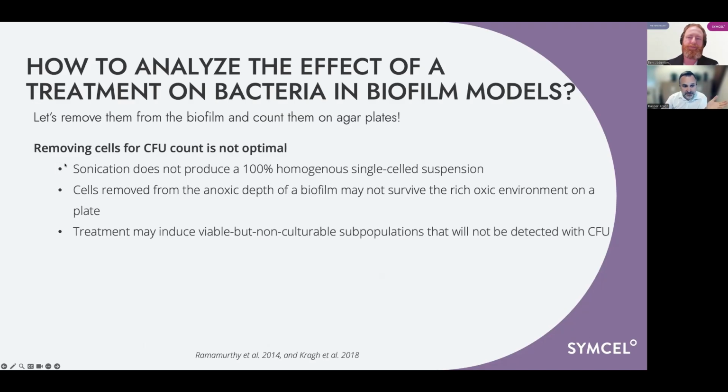One of the things we quite often use is sonication, and we expect that sonication will break up these aggregates or biofilms, and give a 100% homogeneous single cell suspension. It does not.